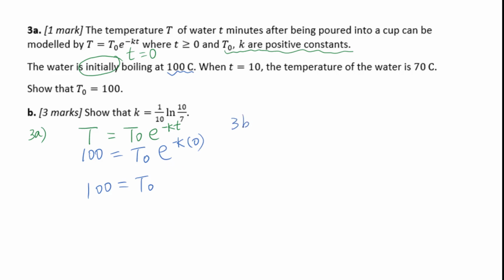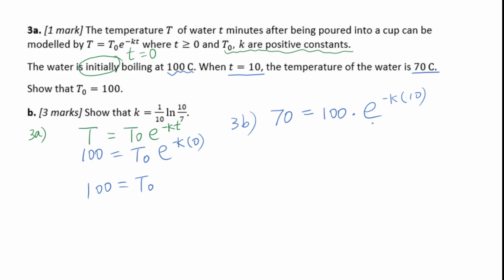For 3b, show that k equals 1 over 10 natural log of 10 over 7. We know when t equals 10 minutes, the temperature of water is 70 degrees. Plug in: 70 equals 100 times e to the negative k times 10.